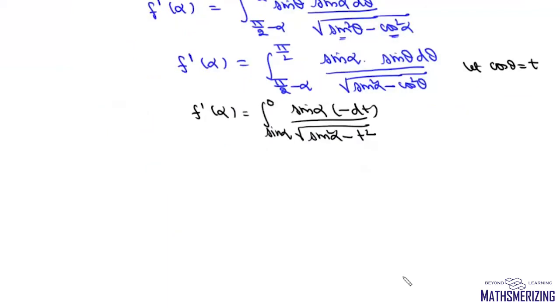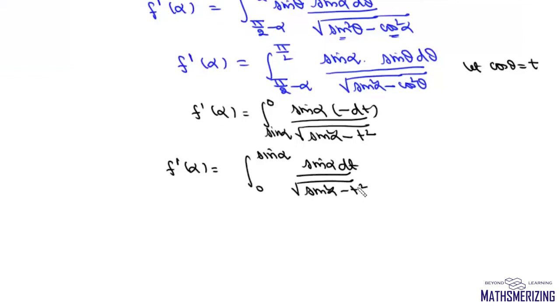So we'll get these limits, and then we can write f′(α) is this integral from 0 to sin α of dt upon under root of sin² α − t².